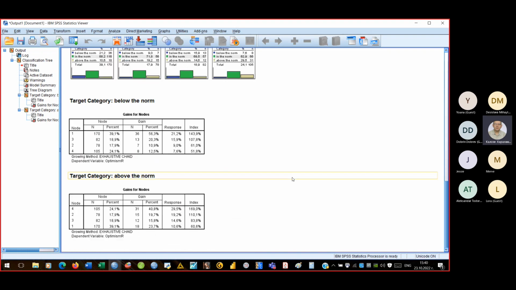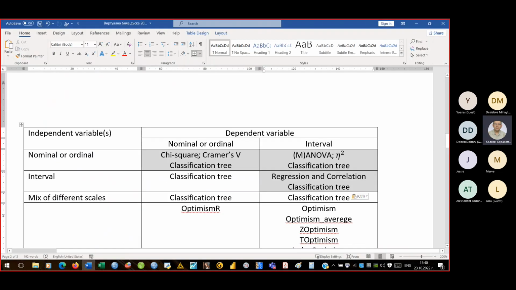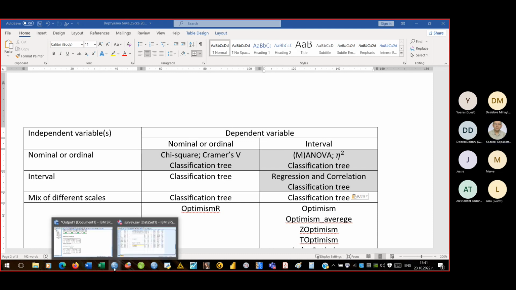But this example was the first column here, we use classification tree with ordinal dependent variable. Now I will show you how to use the same method with interval dependent variable.